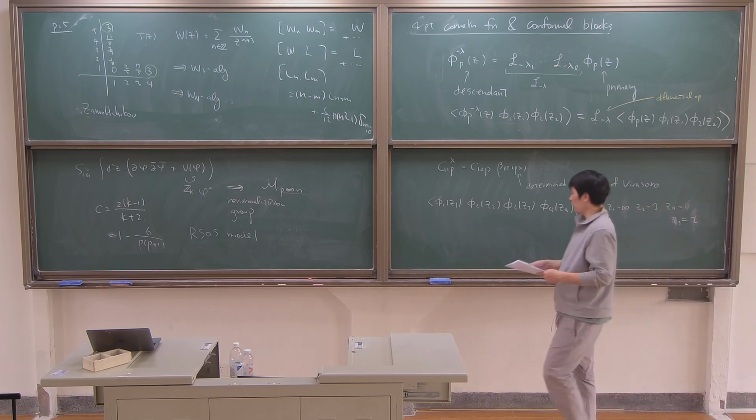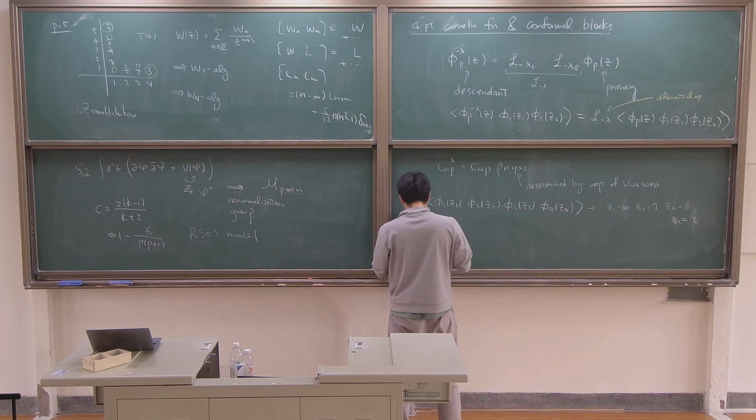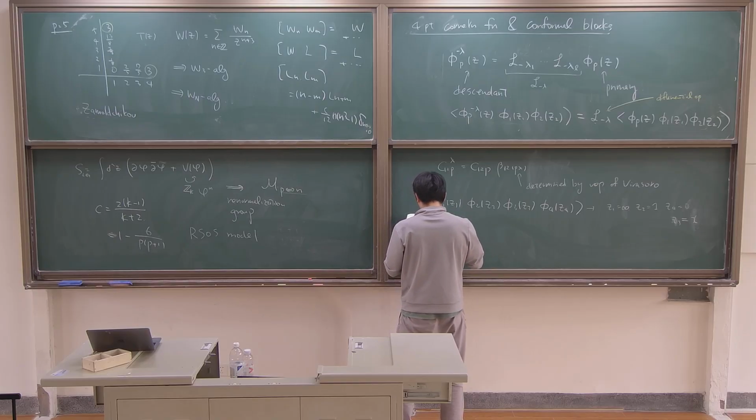And then we can just write down G 2, 1, 3, 4.